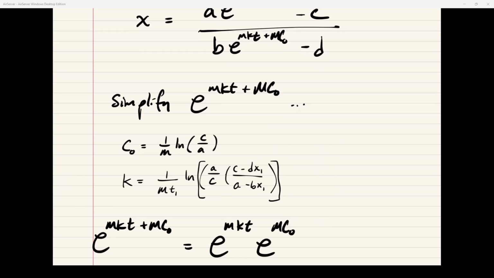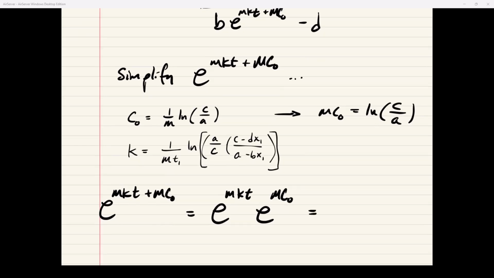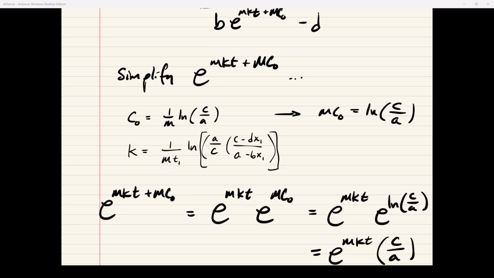But that mc naught, as you can see from right here, m times c naught, that's just the ln of c over a. So let's write this as e to the m times k times t, e to the ln of c over a. But e to the ln of c over a, that's just c over a. So here I have e^(mkt) times c over a.